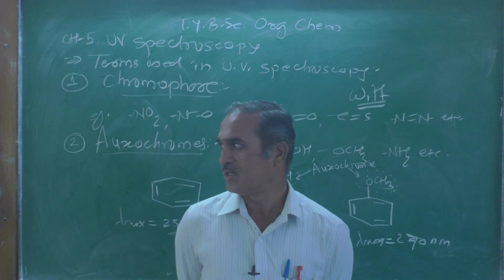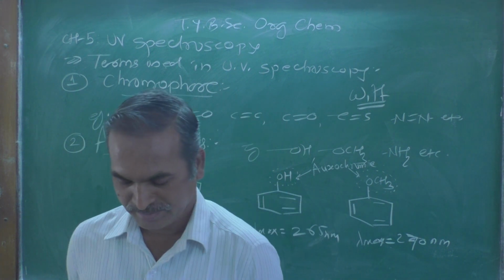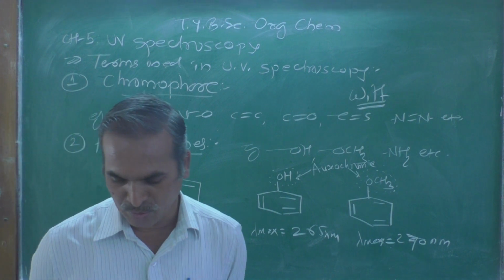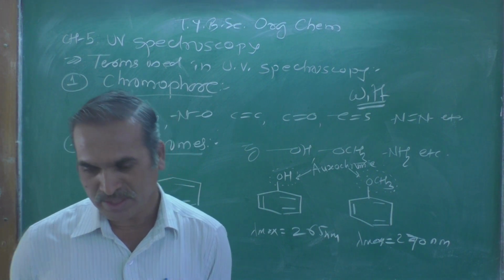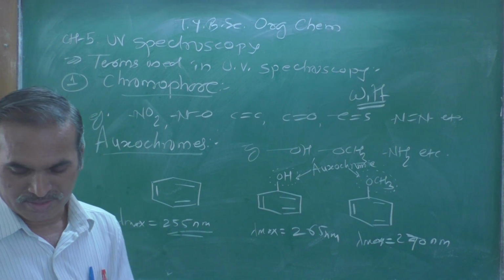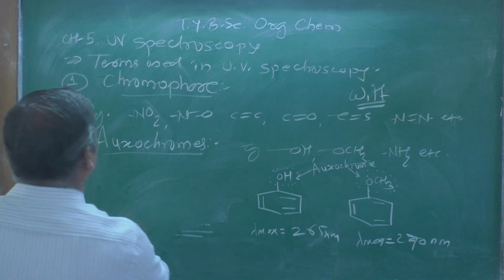So this is another term used in UV spectroscopy. Now let us move on to the third point, that is bathochromic shift or red shift.